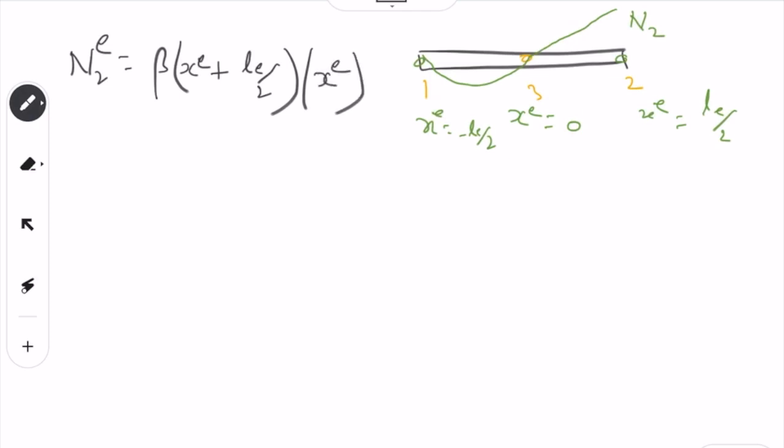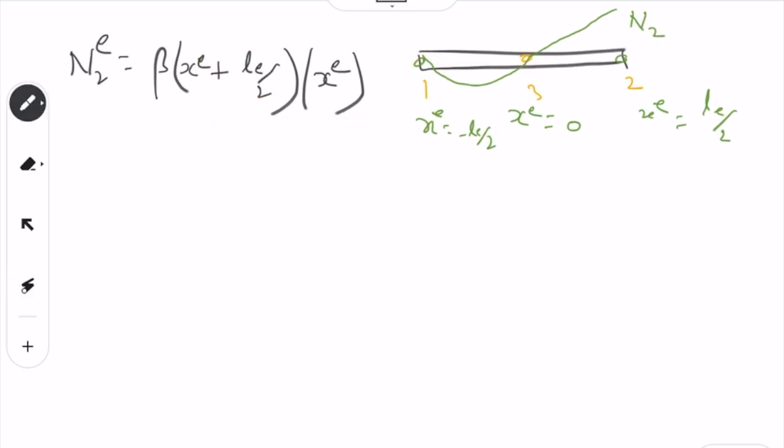If you put this equal to 0, we will get x equal to 0, which is this point where N2 is 0. Second will be xe equal to minus Le over 2, and this is the point. Okay, so this is how N2 will look.